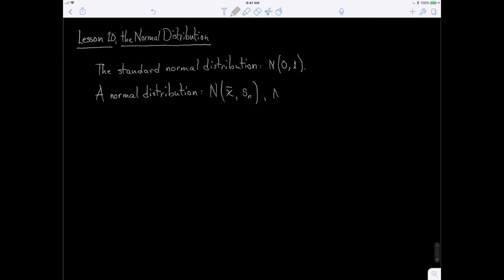You might also see it as N with mu for the mean and sigma for the standard deviation. So let's see how this applies.